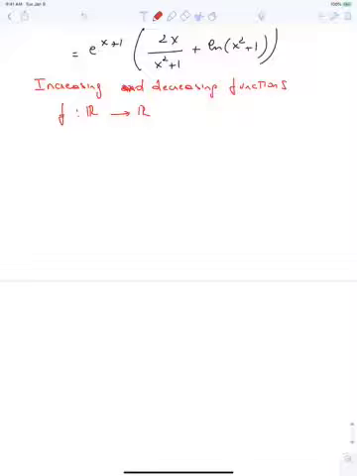Well, we say that f is increasing if x1 less than x2 implies that f of x1 is less than f of x2.